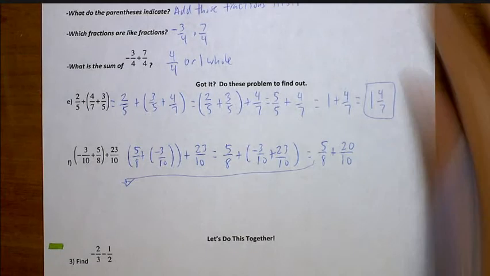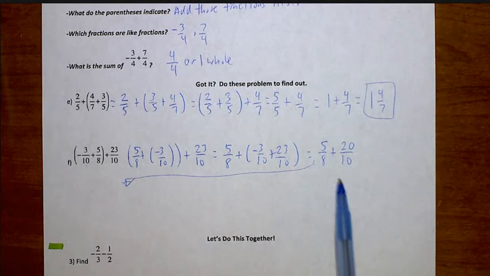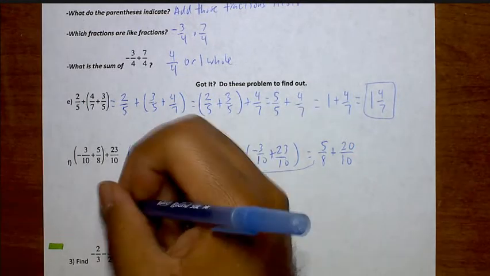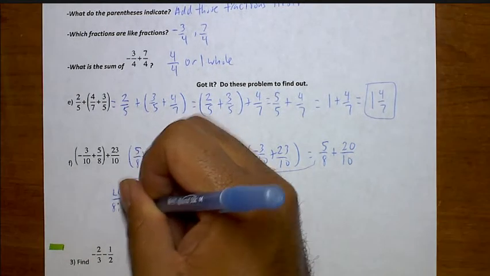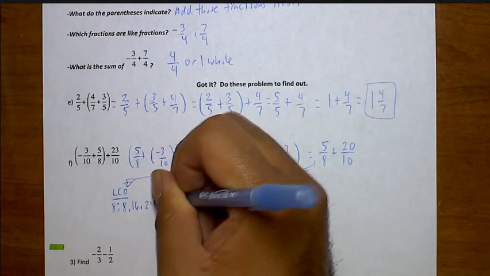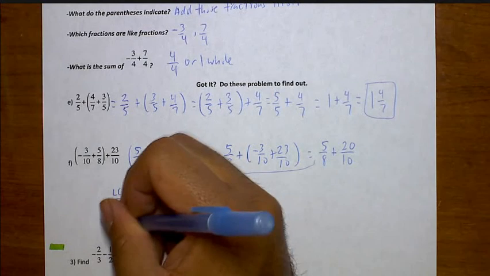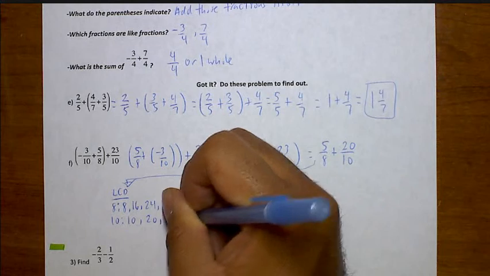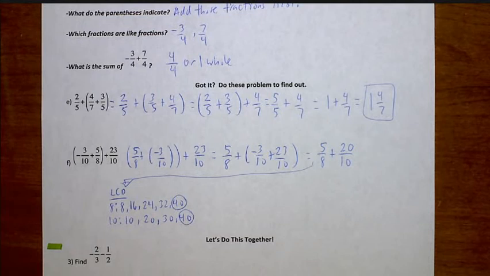Now that we know our LCD is 40, we're going to go ahead and rewrite these fractions to accommodate that. So we're going to write this as 5/8 times 5 over 5, let's make that an addition sign, plus 20/10 times 4 over 4. 5 times 5 is 25. 8 times 5 is 40.